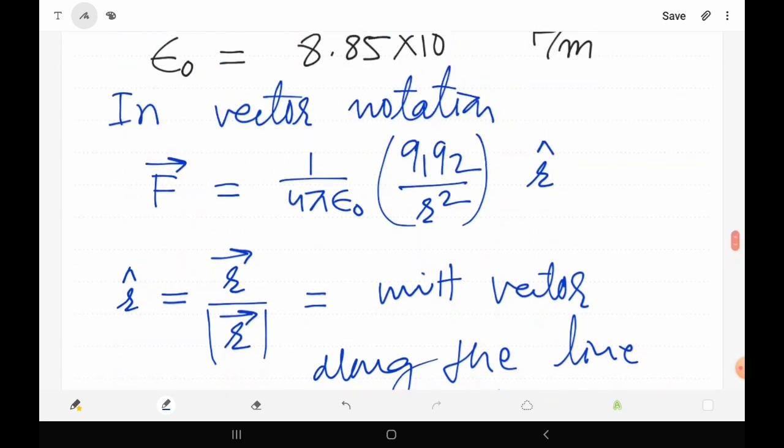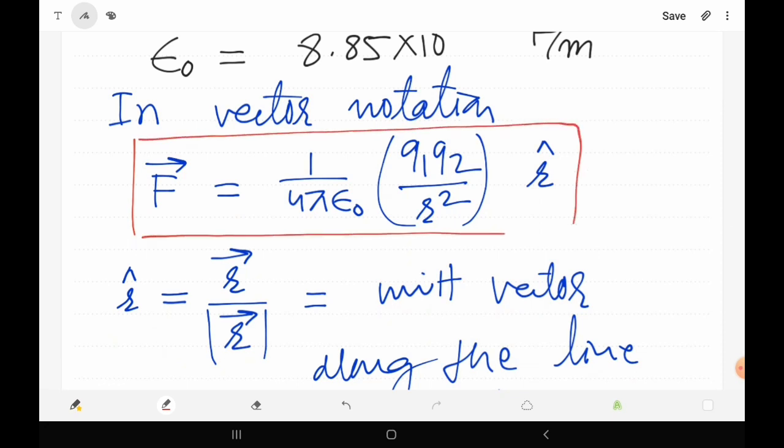So this is the complete formula of Coulomb's law. It should always be remembered because in electrostatics it has a very unique role.